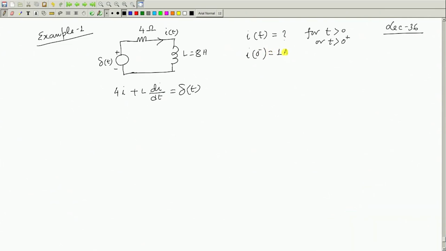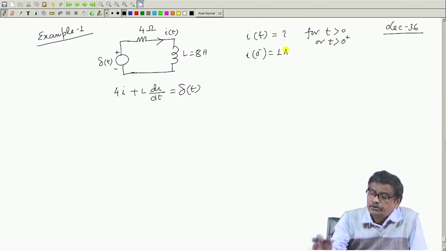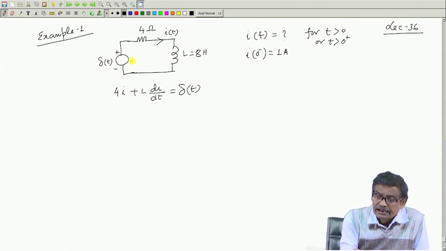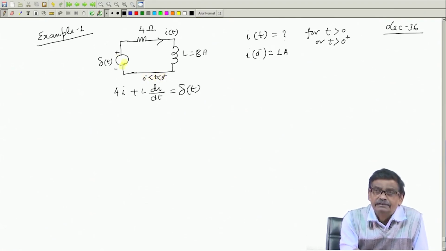The inductor inherited this current because of some previous operations from some other circuit, then suddenly it is connected here. So, I 0 minus is 1 ampere. This delta t exists only between 0 minus and 0 plus.